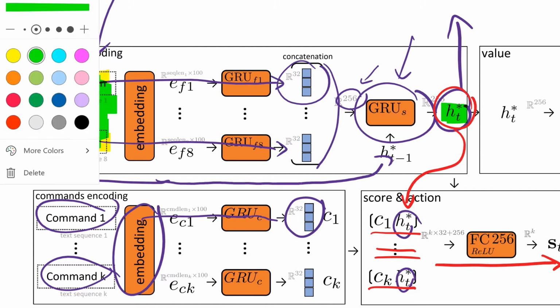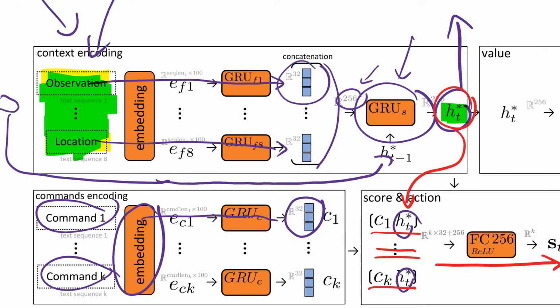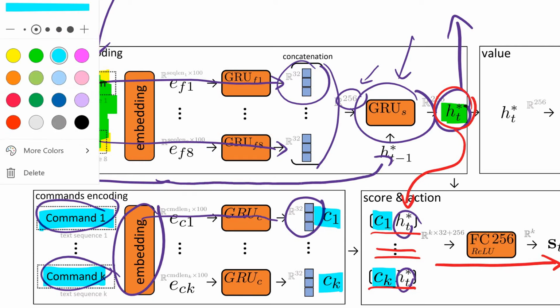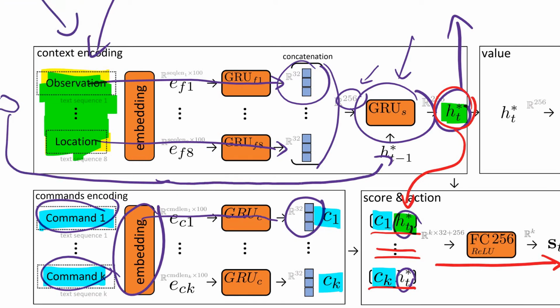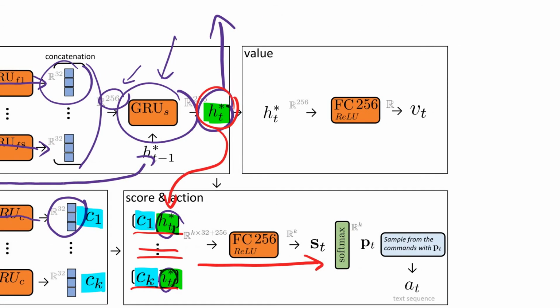On the other hand, you'll take all of the possible commands that you could perform right now, encode each one separately into an embedding, and then combine each one of those with the encoding you specified previously. From that you make your decision which action to take next. The output is the action you take next, sampled from this policy.